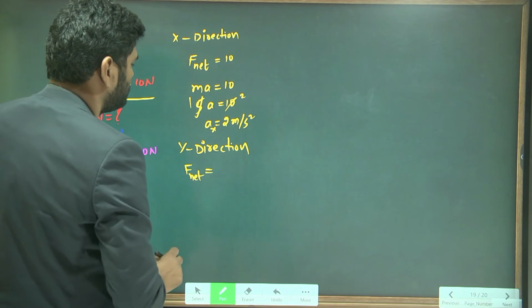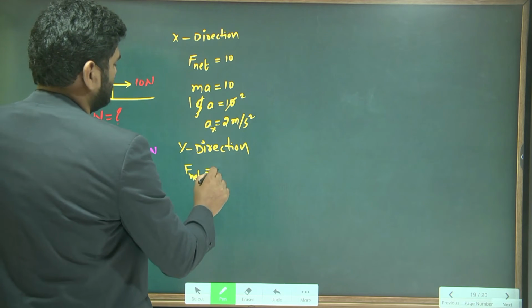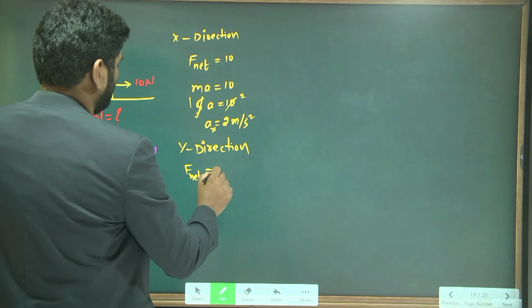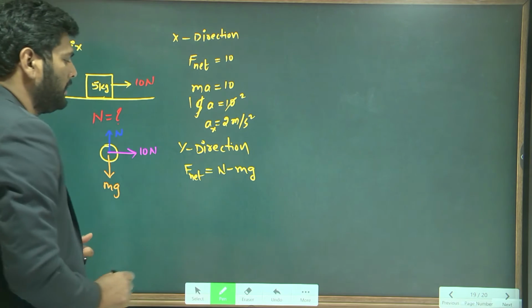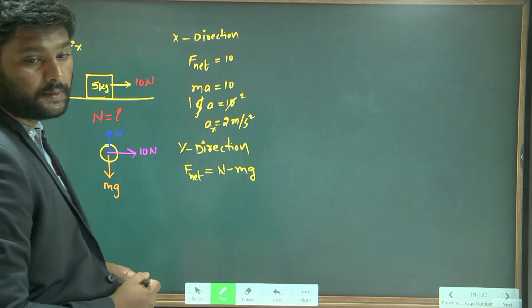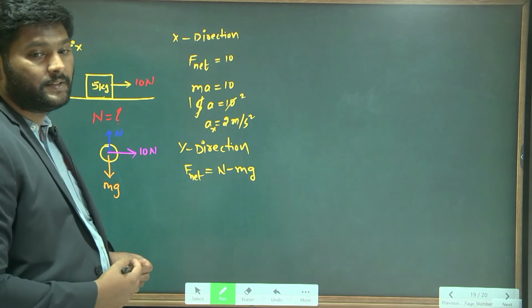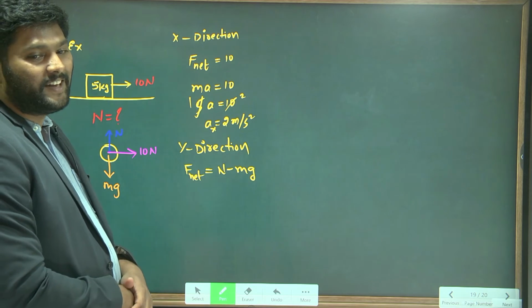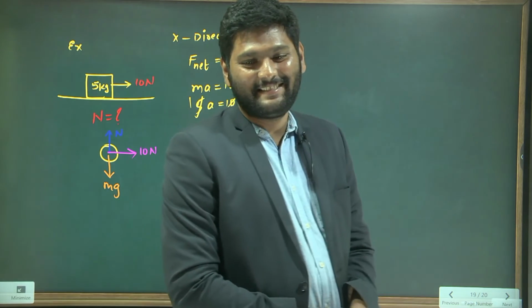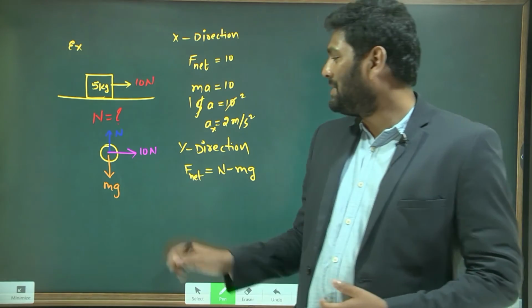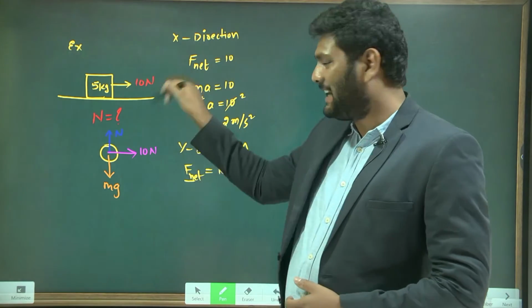F net is equal to N minus mg. What is F net here? How much is the net force along the y direction?